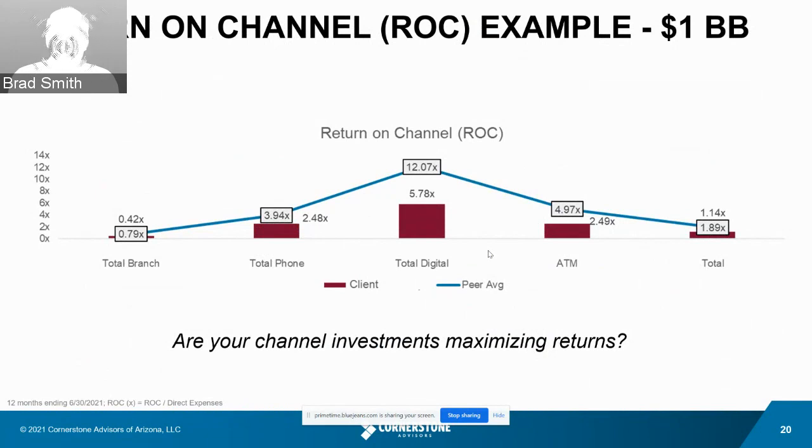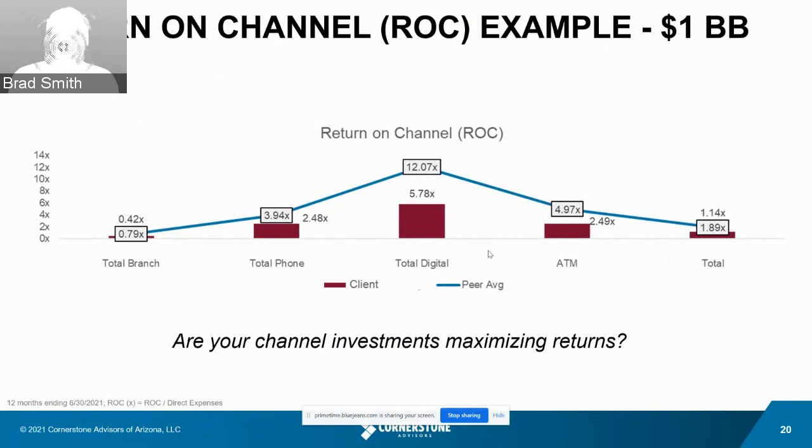So this return on channel calculation showed the branch channel return was just 0.42, meaning for every dollar they spent on branch, they generated just $1.42 in revenue and indirect servicing value. Compare that to digital at this FI, which was underperforming peer, where return on digital channel was almost 6.